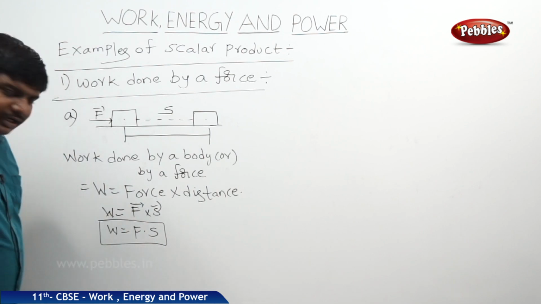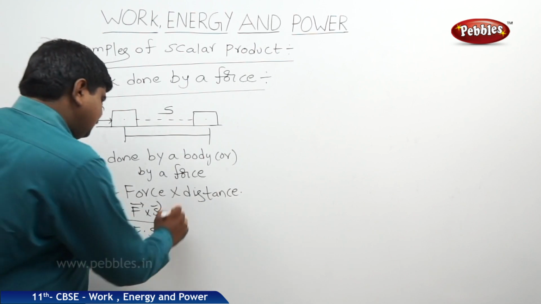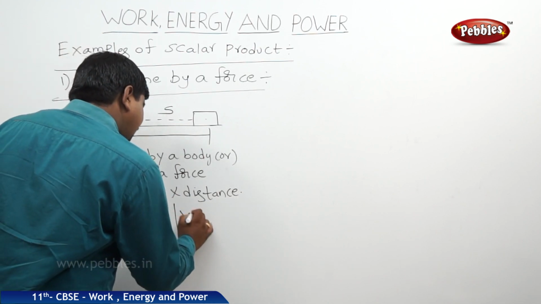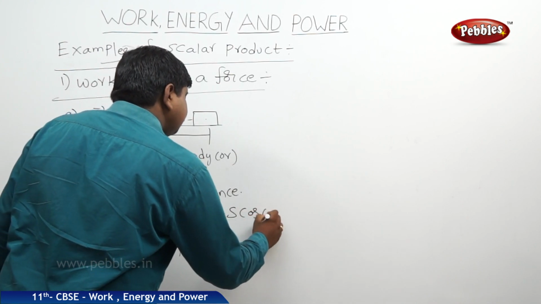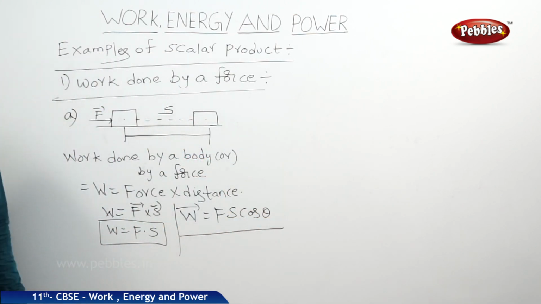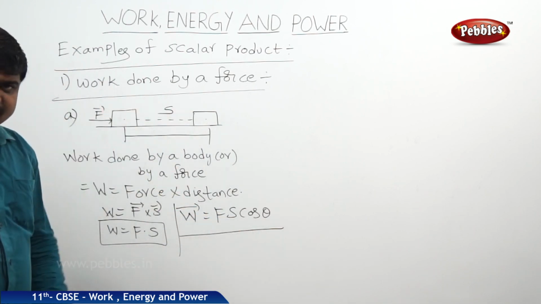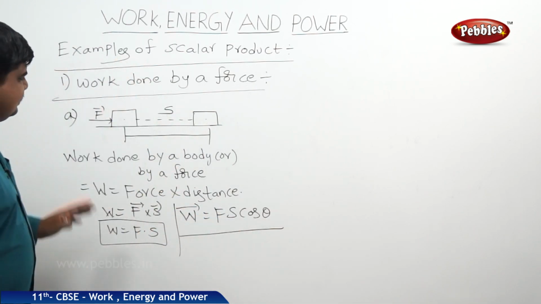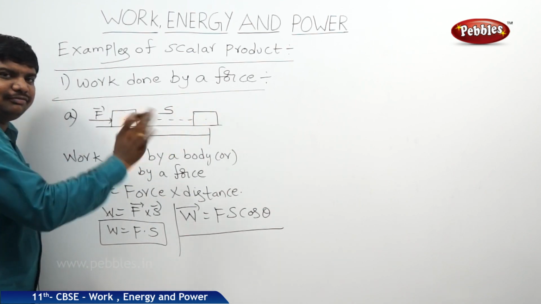Since it is a dot product, here it is not cross, it is multiplication. The way to express it is W is equal to F S cos theta, where theta is the angle between the two vectors or two physical quantities. See, the body moved in the direction of the applied force only.